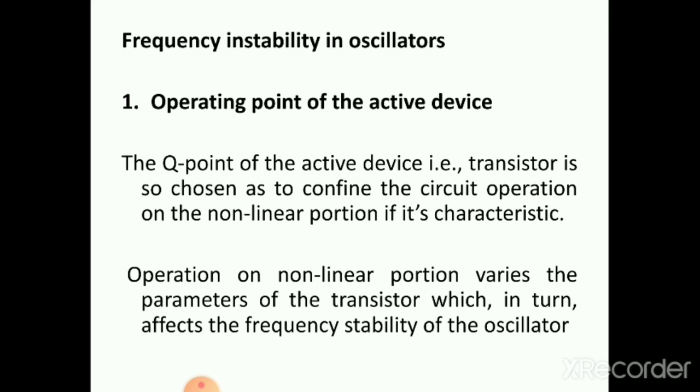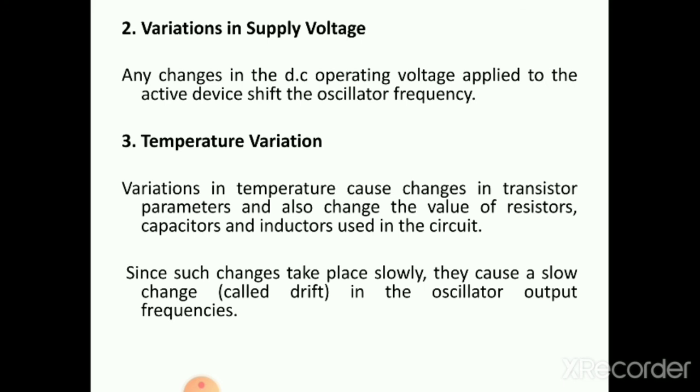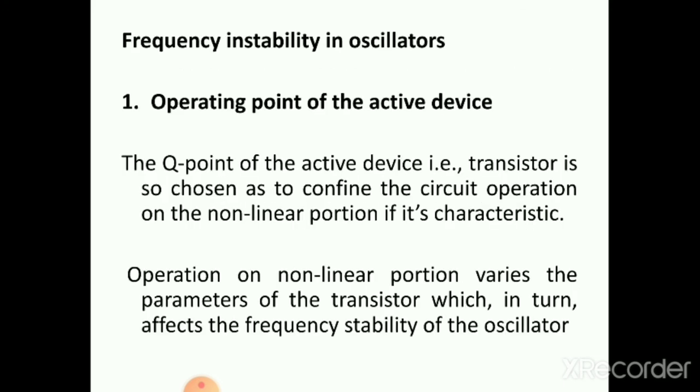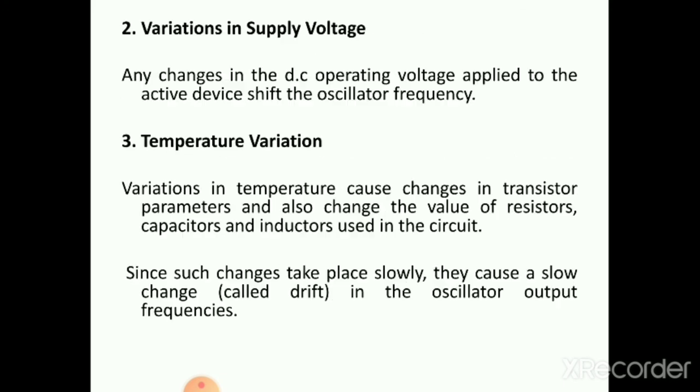Operation on the non-linear portion varies the parameters of the transistor, which in turn affects the frequency stability of the oscillator. So choosing this Q point is very important, because if you choose it in the non-linear portion, the characteristics will change, which results in frequency instability.